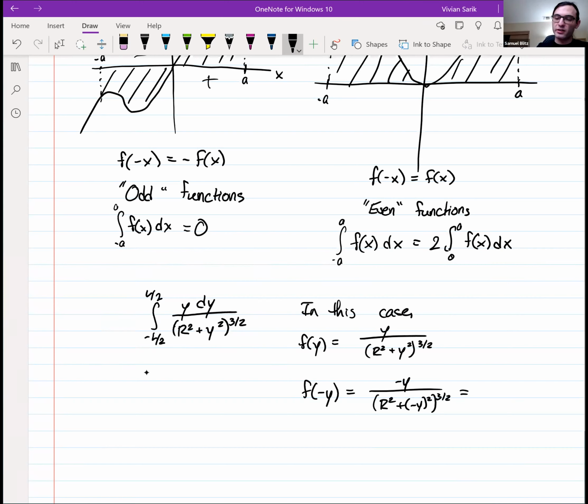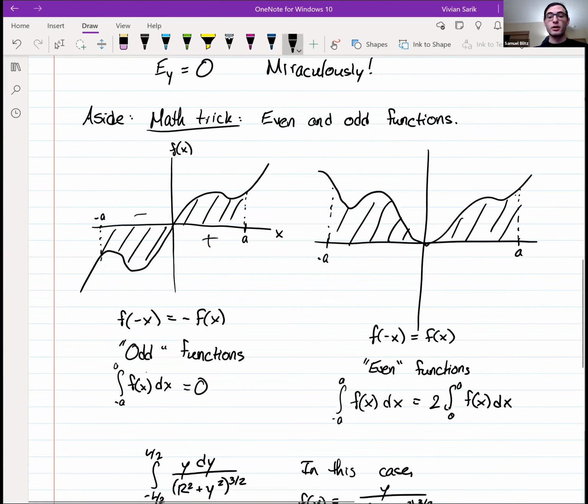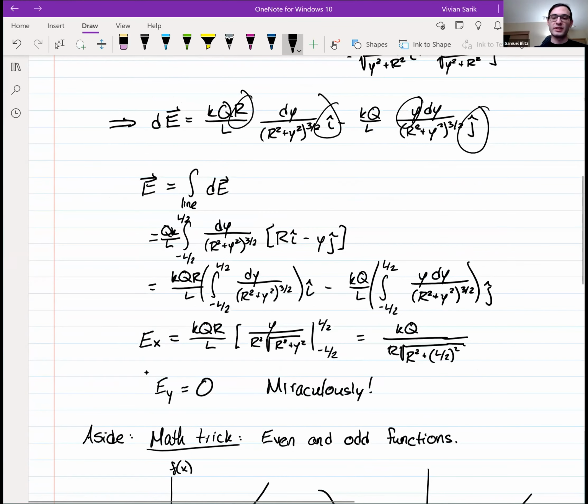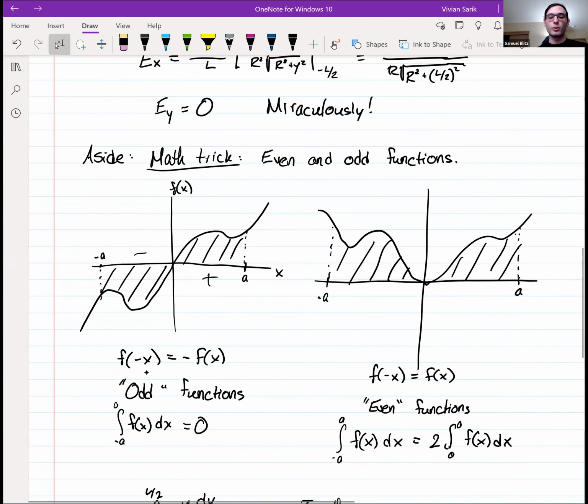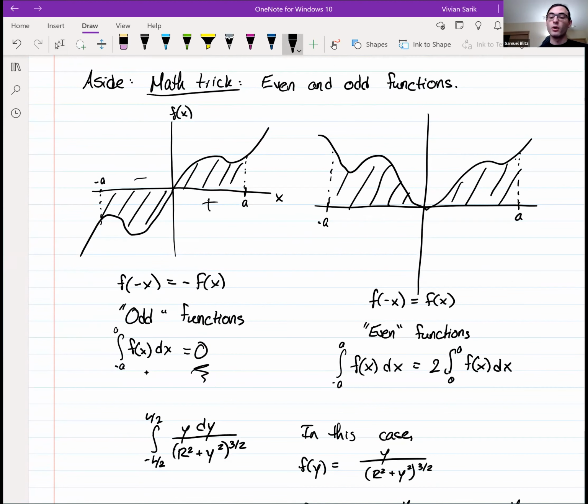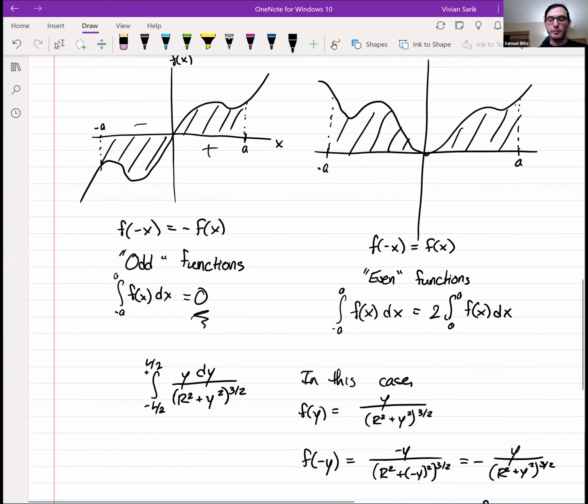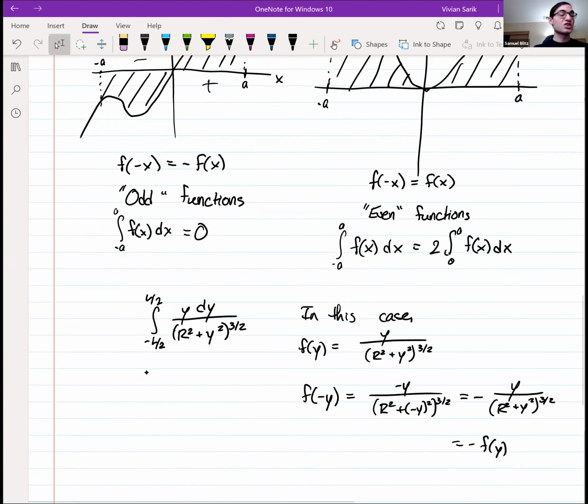But that just simplifies to minus y over r squared plus y squared to the 3/2, which is just negative f of y. And so the integral that we were doing up here is an odd function, and so we can just read off that the answer is 0 automatically without actually having to do any work. That's just a nifty math trick that we can do here.